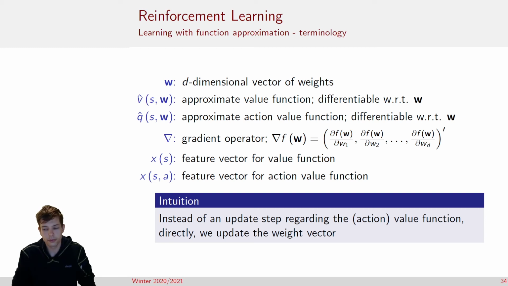Let me try again. So instead of having super many pairs of numbers, you just represent all those pairs of numbers with a function. You still have all the different states and the actions, but that doesn't really matter because you do not need to store or code with super many numbers, you have this function. From a theoretical point of view, you would always use a function, right?